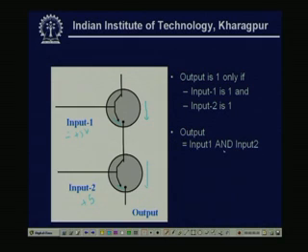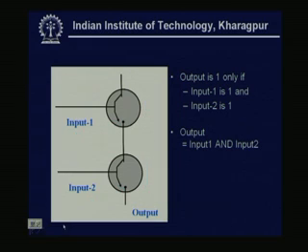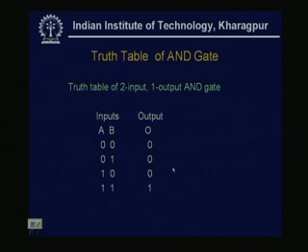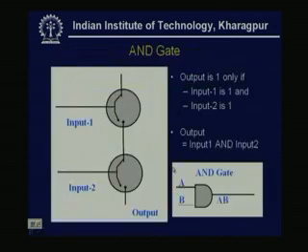So, output is input 1 AND input 2. That means there will be 2 inputs and 1 output. So, how do I represent that? I can represent this circuit by this notation.